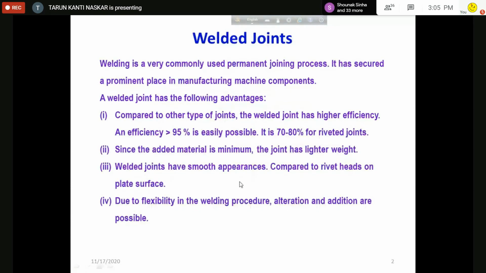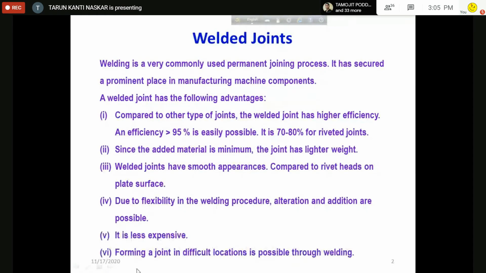Due to flexibility in the welding procedure, alteration and addition are possible. That means the welding procedure has some flexibility, so you can add this material or that material. There are so many flexibilities in the case of a welded joint, more than a riveted joint, and it is less expensive.